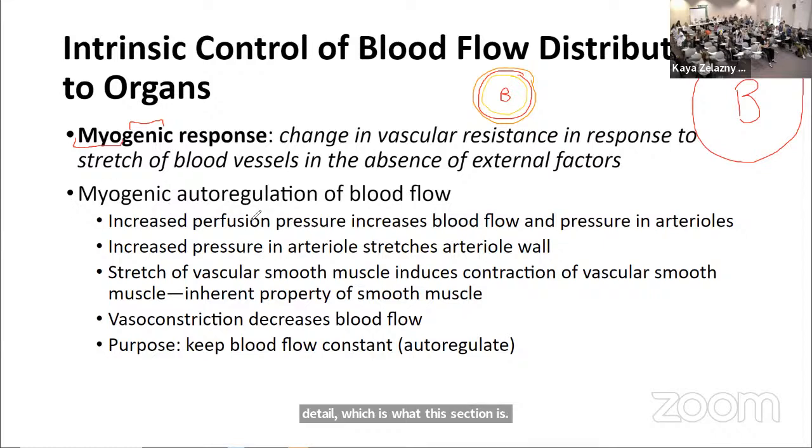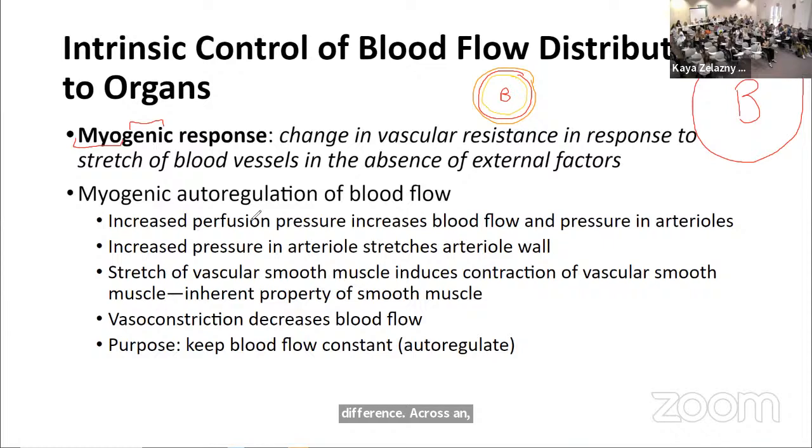So what's happening is that we're increasing blood flow first across the arteriole, right? Perfusion pressure is basically the pressure difference across an organ.